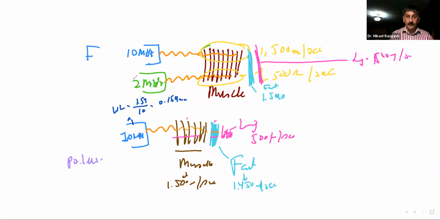So what I am trying to apply here is what I gave you as an example. Let me say, two different transducers with different frequencies. But when the sound wave produced by these two different transducers with different frequencies travels through muscle, in both cases it will be the same speed.